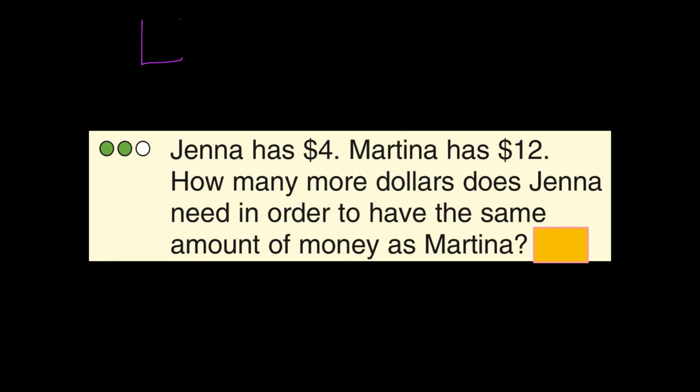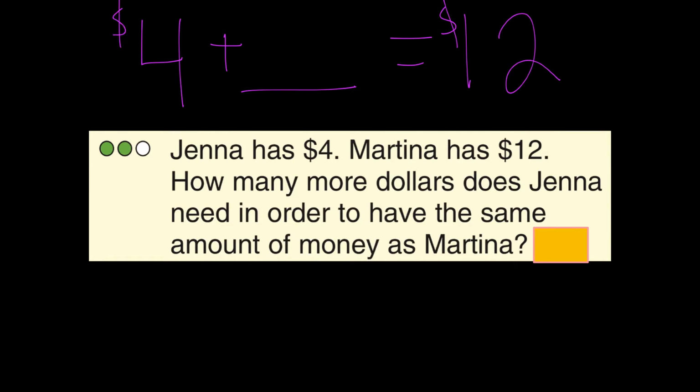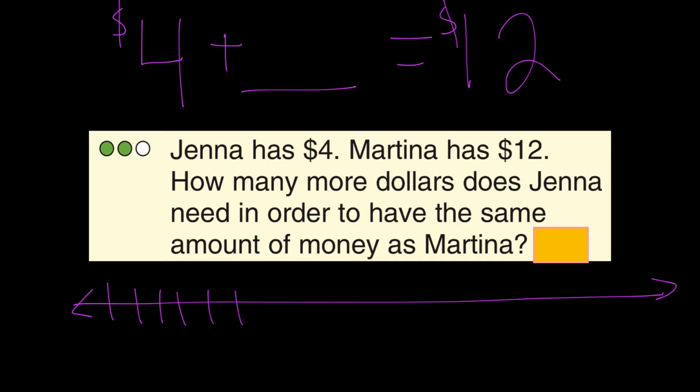Jenna has $4. And I want to know how many more she's going to need to equal 12. So you may want to think about a number line, or you may want to think about a fact triangle. If I'm thinking about a number line, it's going to look like this. There's some numbers: 1, 2, 3, 4, 5, 6, 7, 8, 9, 10, 11, 12.